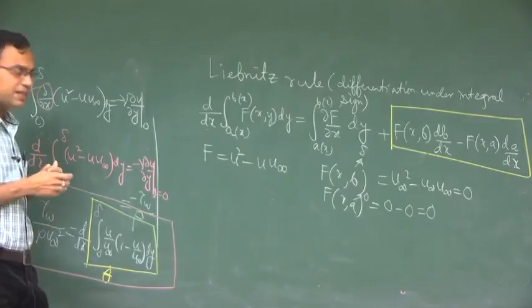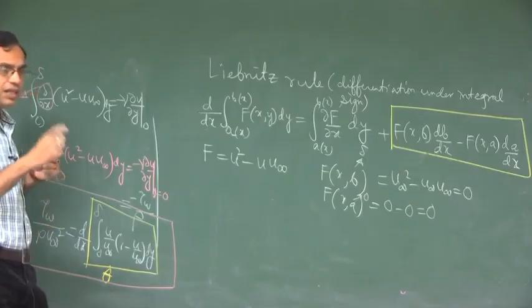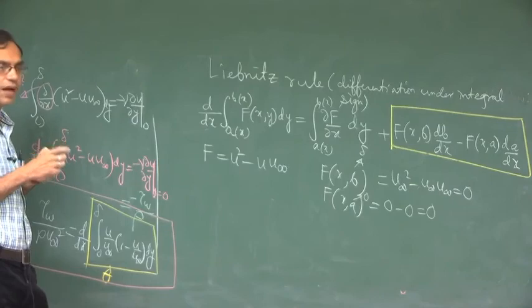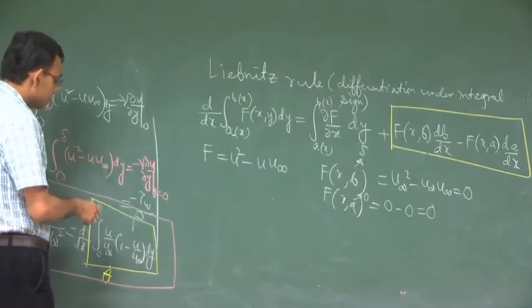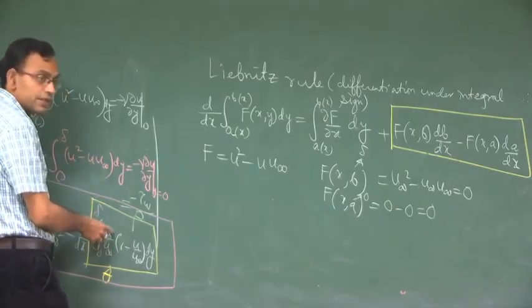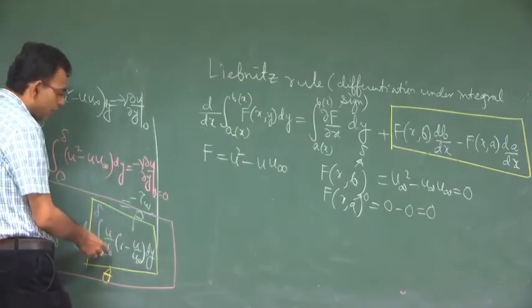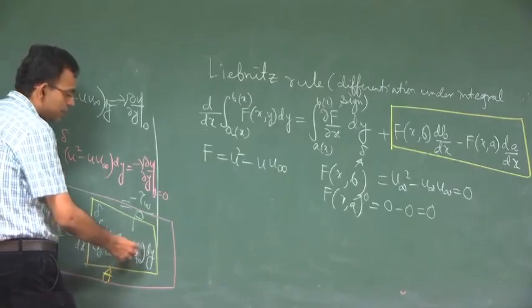The hope is that if the essential boundary conditions are satisfied, then the approximation u by u infinity and 1 minus u by u infinity.